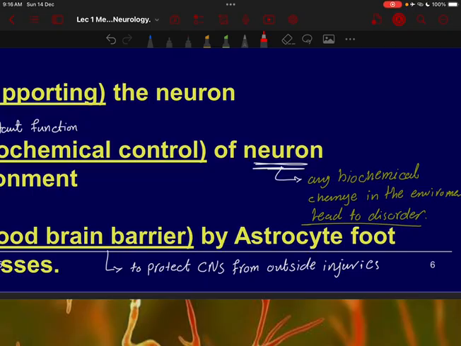Anything which could enter the nervous system should first pass through the neuro barriers, called the blood-brain barrier. So this is the function of the first type of glial cell, the astrocyte.